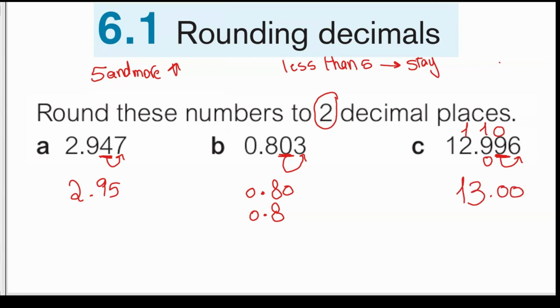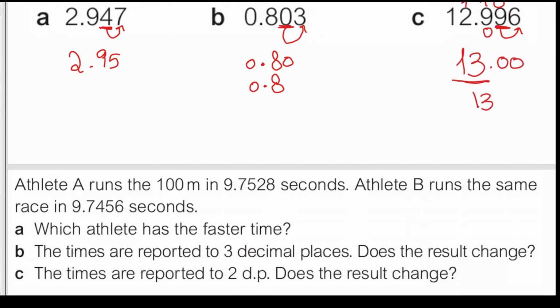So the 9 becomes a 10, so you only write a 0 and you give the 1 to the next digit. The 9 plus 1 is a 10, so it's also a 0, and you give the 1 to the next digit, so it becomes 13.00, to which you can say 13 as a whole number.